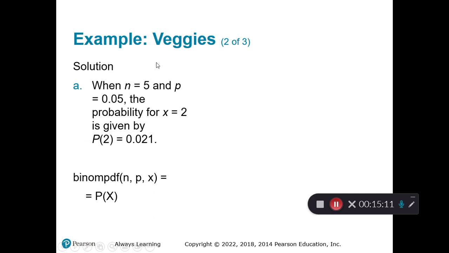When we enter this information into our calculator, we will find that the probability of having exactly 2 vegetarians among 5 people is approximately 0.021.